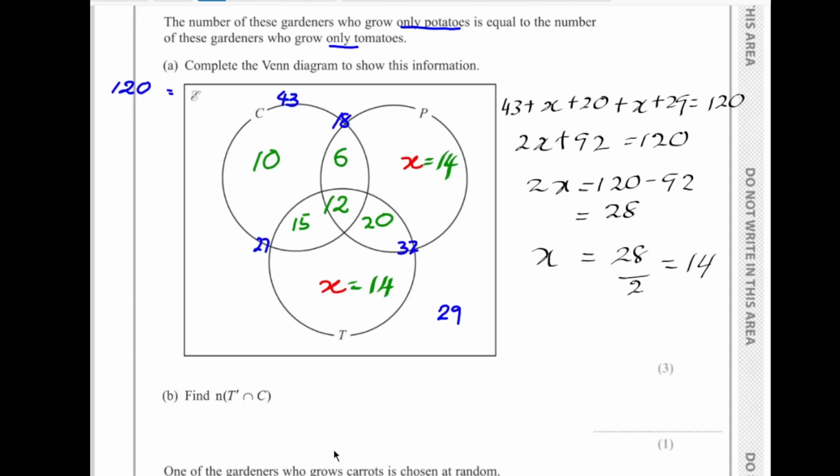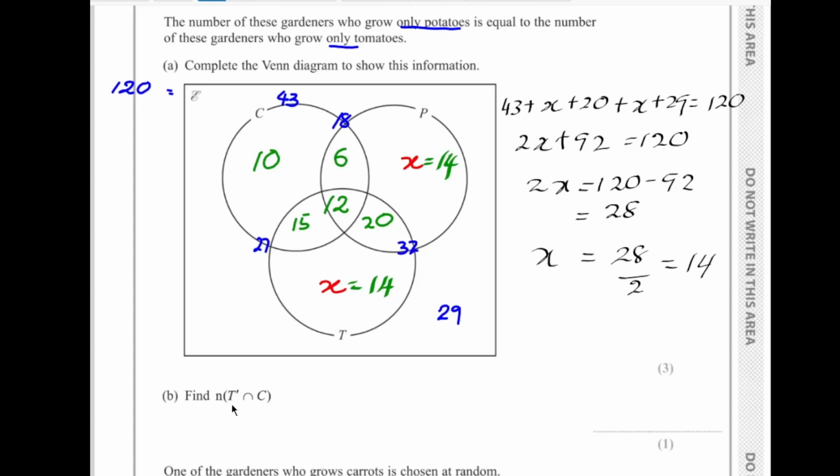Next part is find number of elements in T complement intersect C. The best way is shading out the region that is required. Let's shade it.